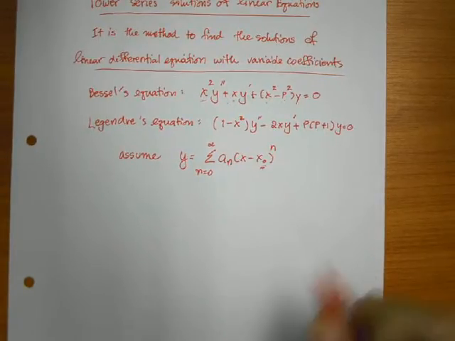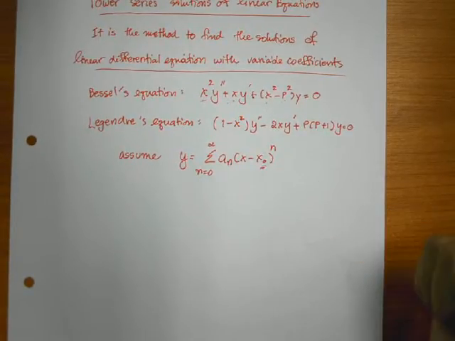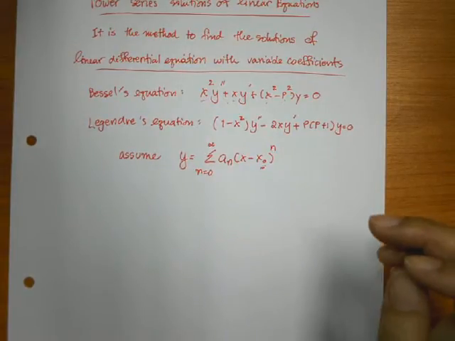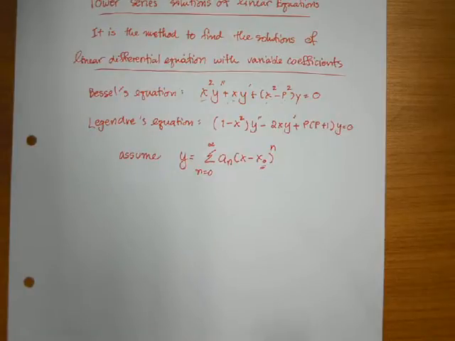And before we go further to the method of finding the solution, what you should know is, if we have this type of function, what would be the power series form of that function? That is the thing that you should know.